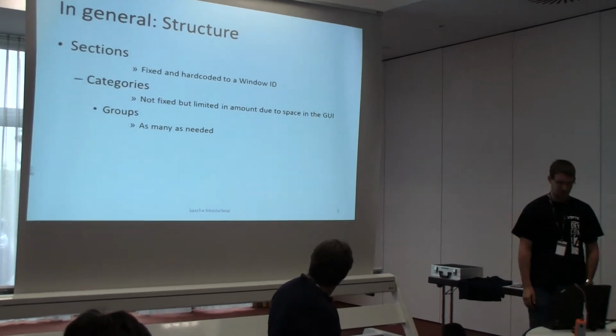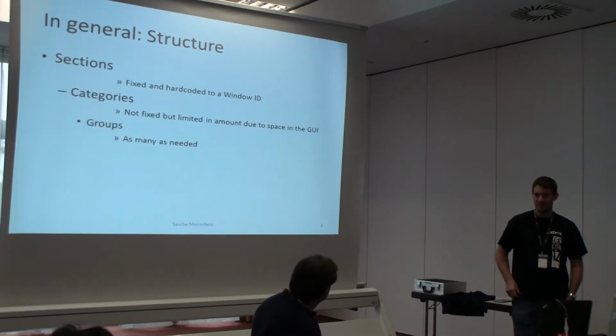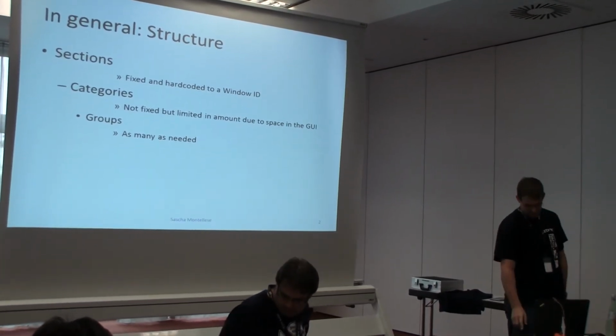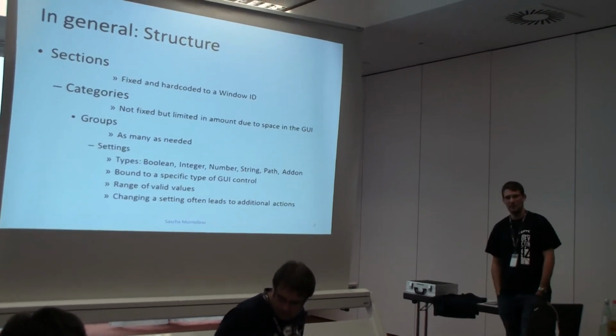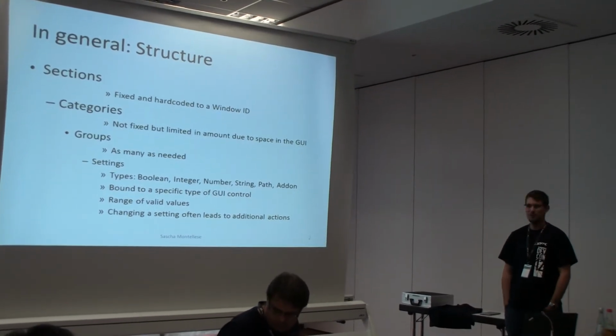And then you have groups. It's simply just a bunch of settings separated by a white line from the other settings. And then you have the settings. You have different kinds of settings. You have Boolean settings, a check mark. You have numbers, strings, paths, add-ons.